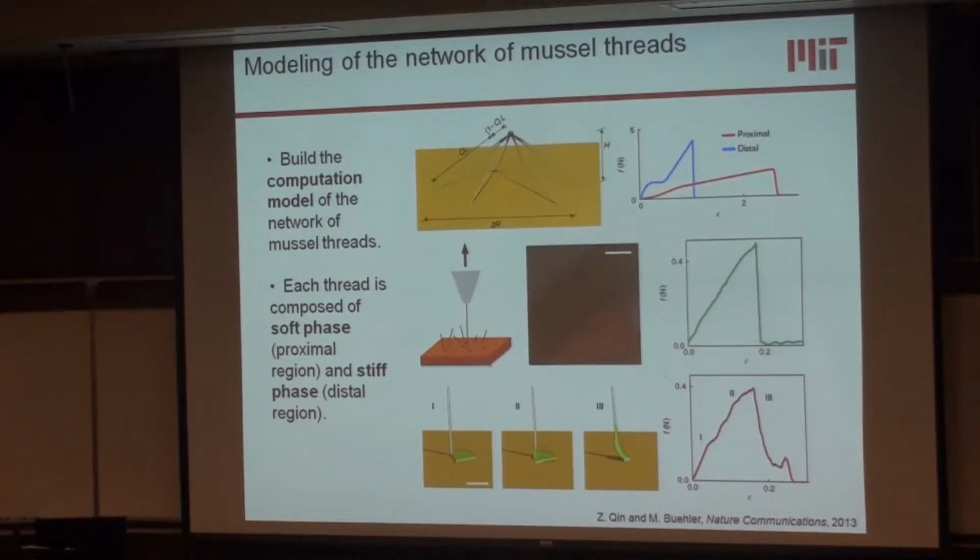And we model this byssus thread network, and in our model, we can systematically change the ratio between the soft material and the stiff material. Here are some tests of single thread detaching, comparing our model to the experimental results. It's a pretty good agreement.